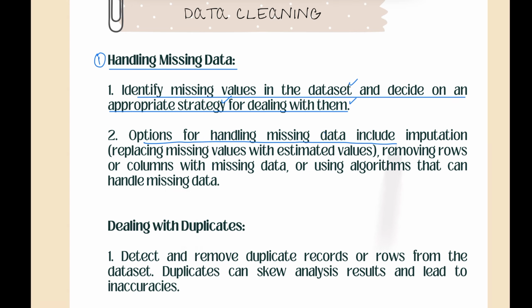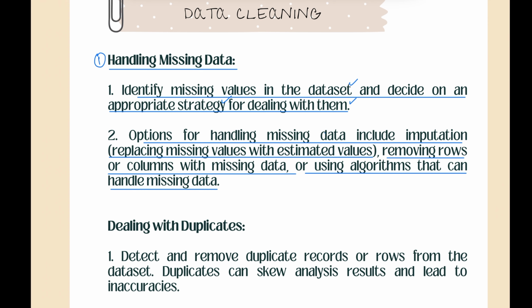Options for handling missing data include imputation, which means replacing missing values with estimated values, removing rows or columns with the missing data, or using an algorithm that can handle missing data. So there are three things.